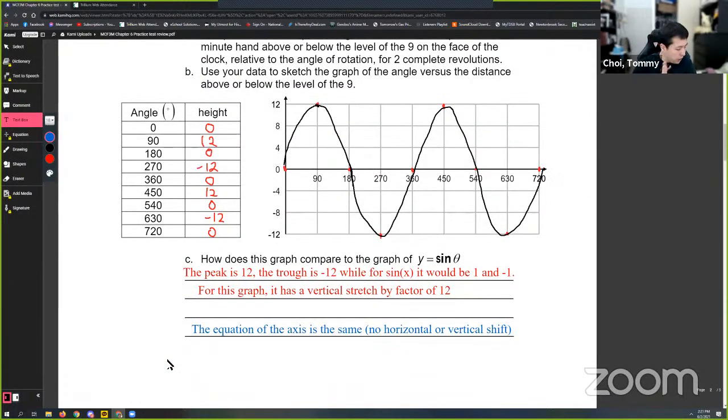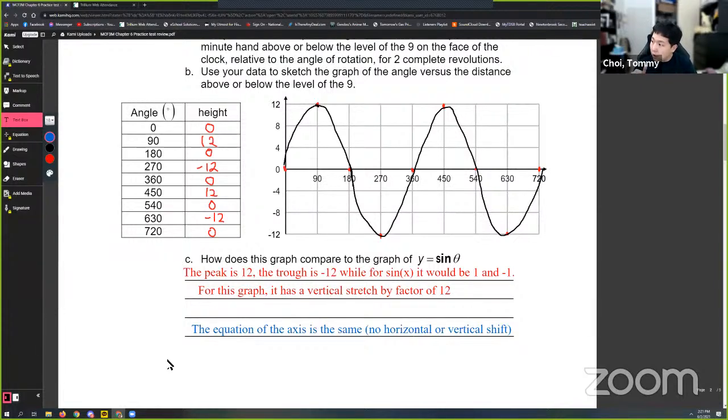What I want you to realize, though, is that you really need to get comfortable with identifying what y equals sine theta looks like. So before your test tomorrow, if I say, hey, what's y equals sine theta? You should know how to graph it using the 5 key points. Boom, boom, boom, boom, boom. You should know exactly what it looks like, what the peak and troughs are, where the equation of the axis is, because that's what you're comparing it to.